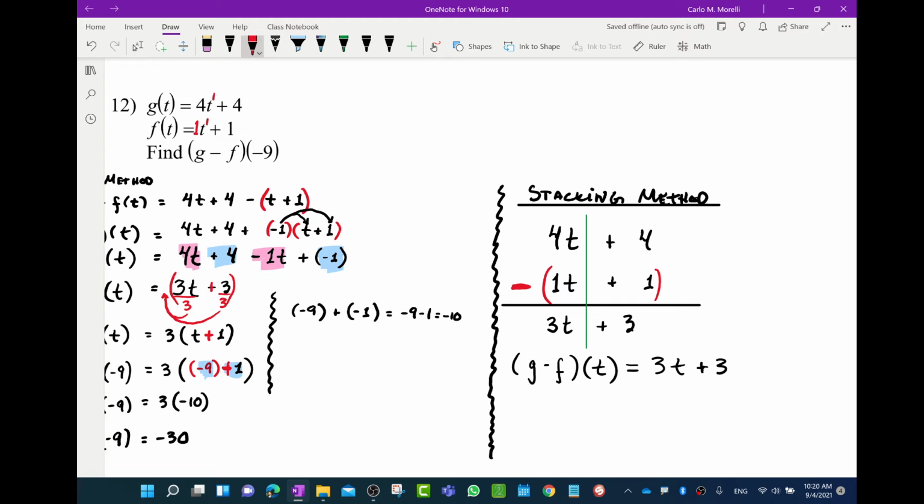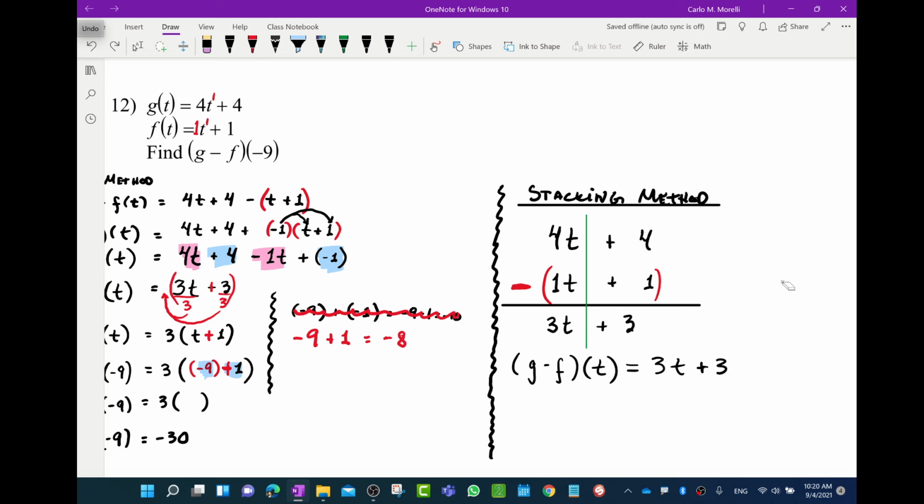So this is negative 9 plus 1 equals negative 8. Well, I don't want to delete.